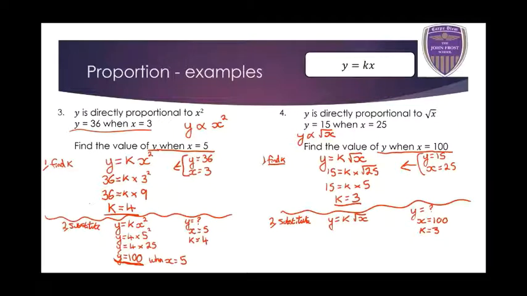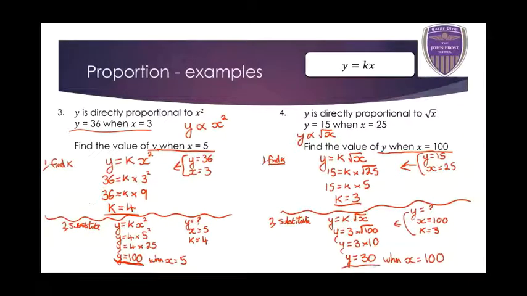So substitute them into the formula now. Here we go. So y is equal to, k was 3 times square root of 100. Well, the square root of 100 is 10, so y is equal to 3 times 10. Therefore, y is equal to 30. 3 times 10 is 30. When x is equal to 100.